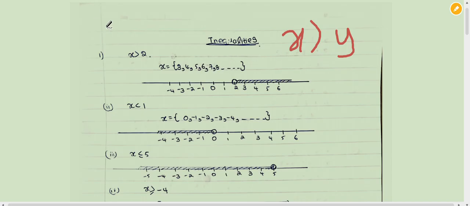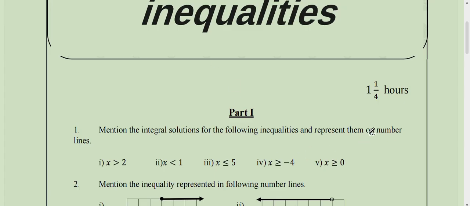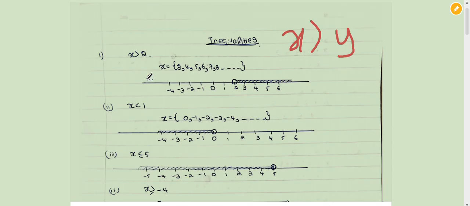Okay, and now they also ask us to represent them on the number line. So firstly we should draw the number line. This is 0, and this right side is going to positive infinity, and the negative numbers are going to negative infinity.